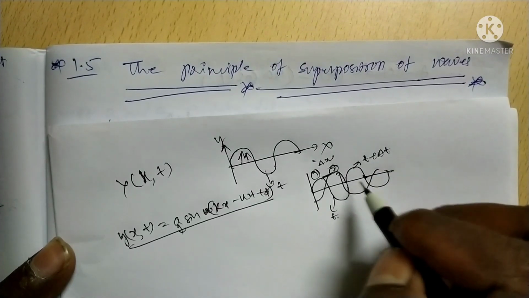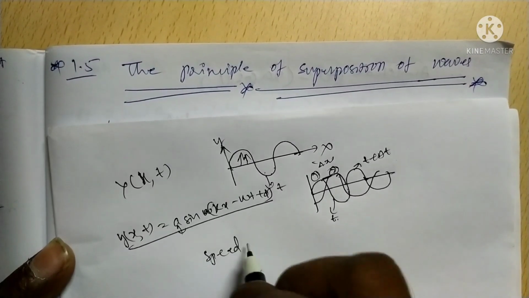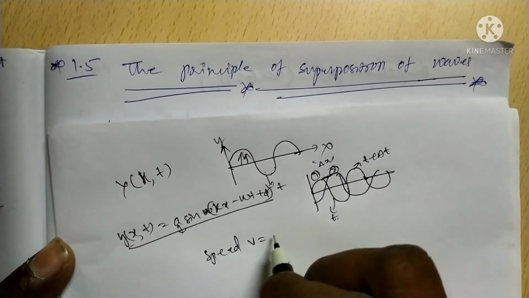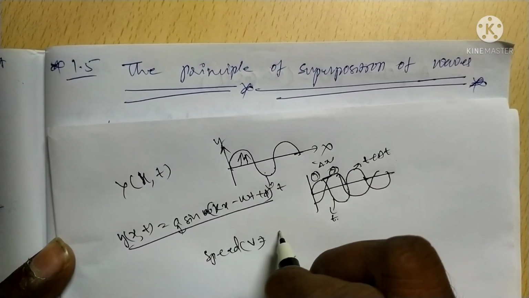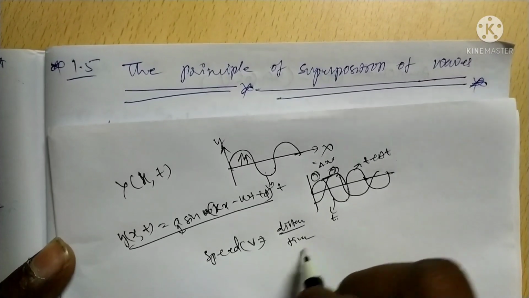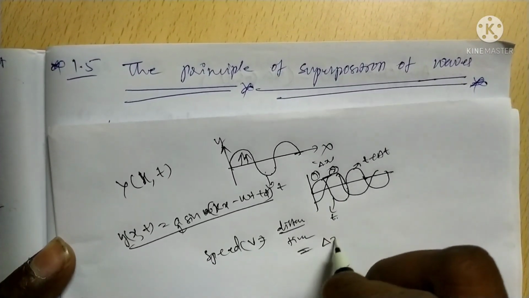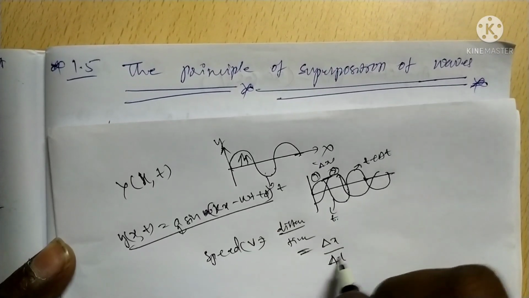From this equation we can find the speed of the wave. V is equal to distance by time, that is, change in distance, meaning displacement or position, delta x by delta t.